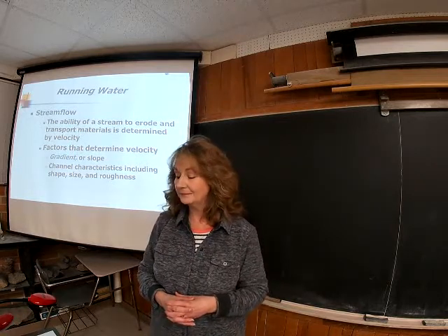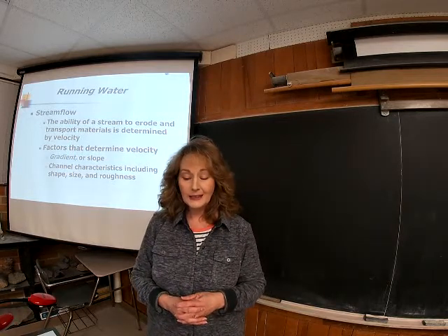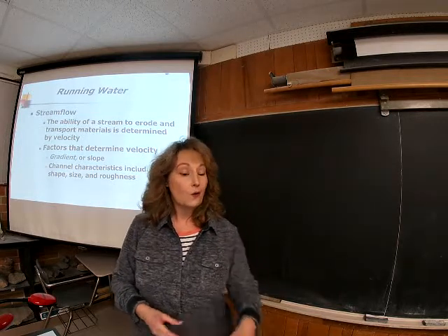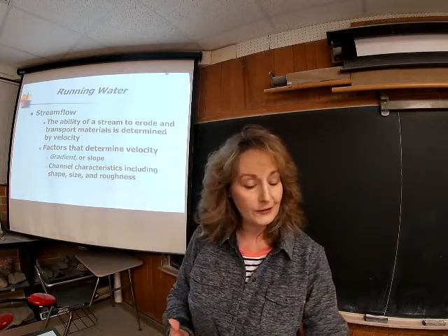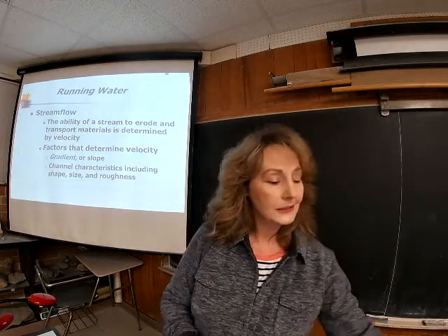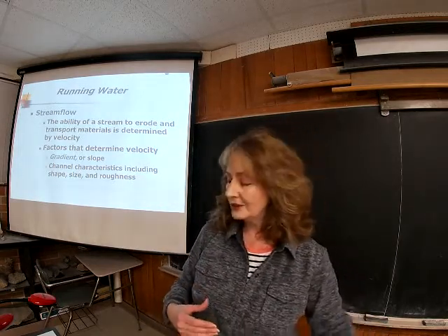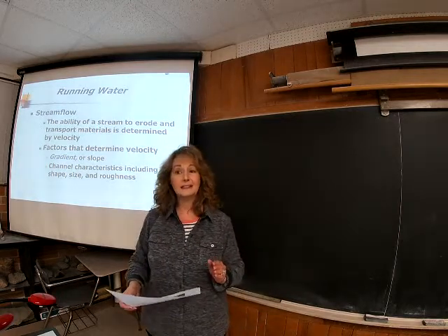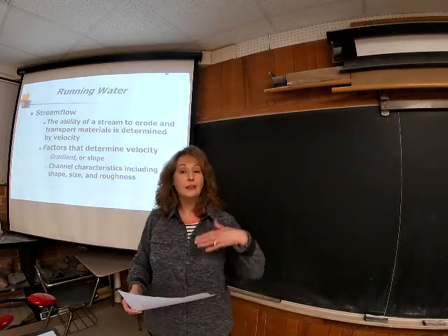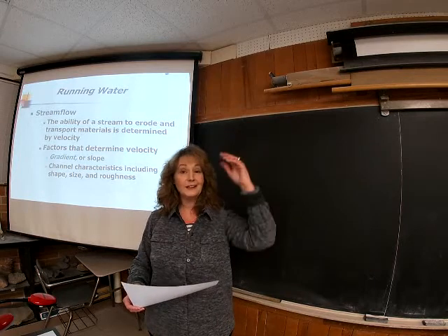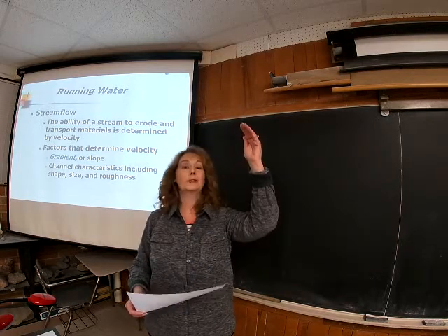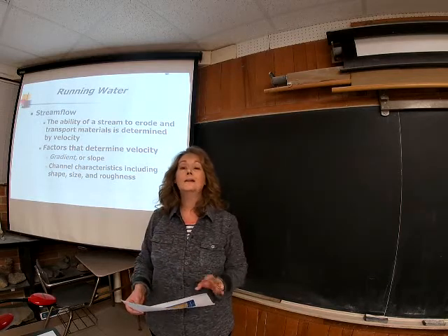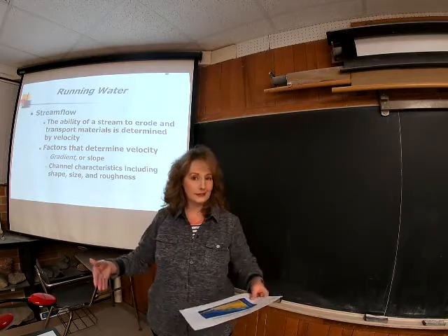That velocity. The first one here that they talk about is the gradient or the slope of your stream. This is basically a little calculation you can do, but basically it is the difference in the elevation, how high your stream is at the beginning to how low it goes over a particular distance.